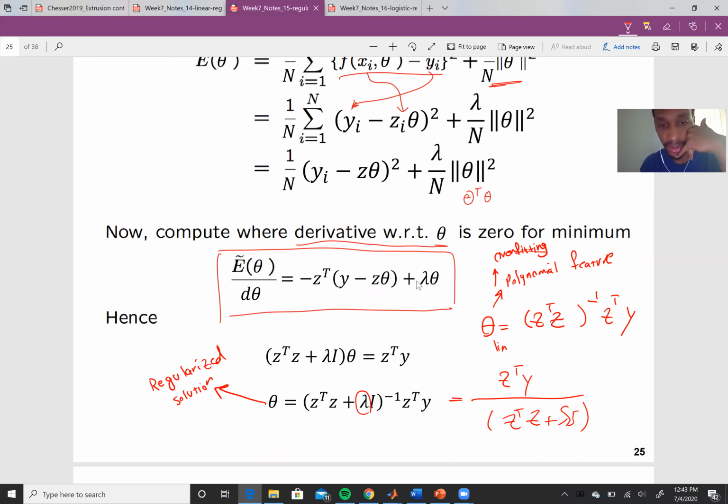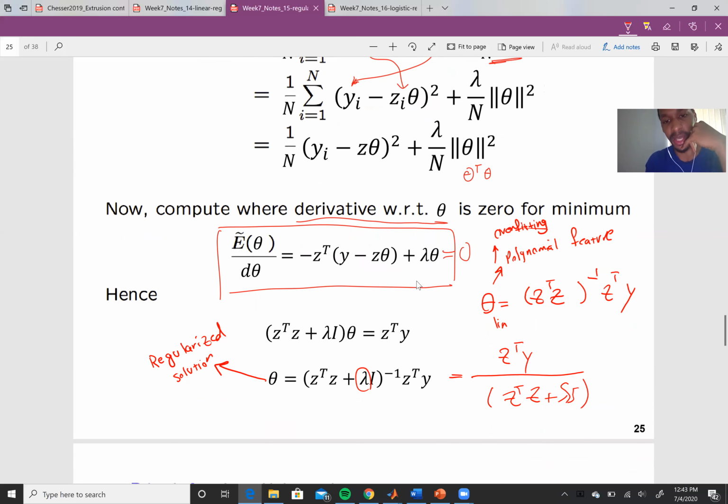I haven't gone over it, so I'm just trusting that this is right. When you set this equal to 0 and work that out, you'll get a closed form solution for theta, where all that we've changed is we've added this regularization value times the identity matrix, where the identity matrix needs to be the same size as your dimensions.